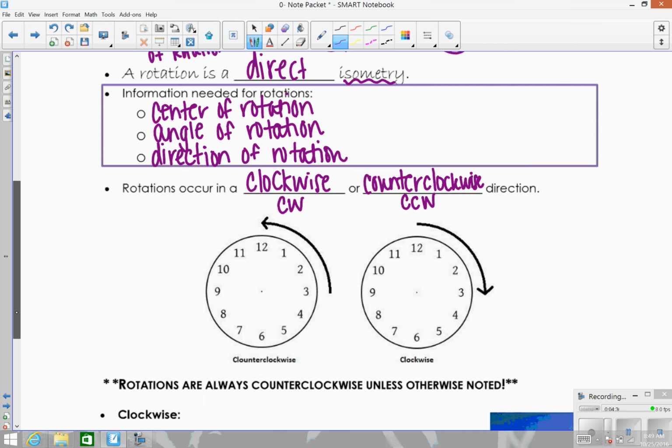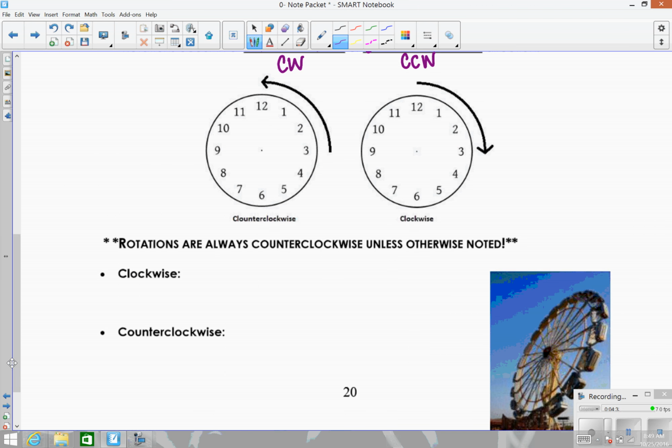So when we talk about rotations, what's different is counterclockwise means that the angles are positive. So if I say rotate this object around the origin 90 degrees and I say positive 90, it's assumed that we're talking about it being counterclockwise because positive angles are always going to be counterclockwise.